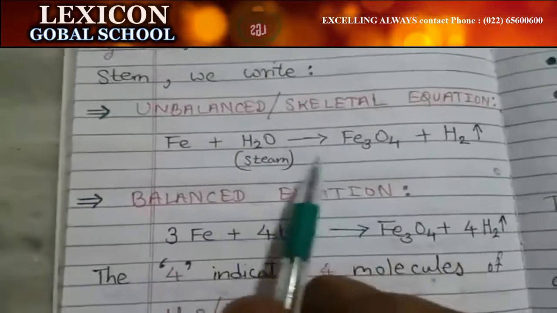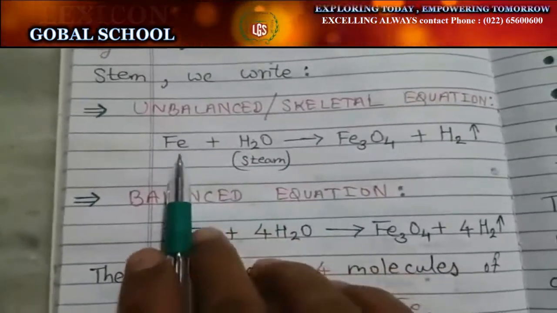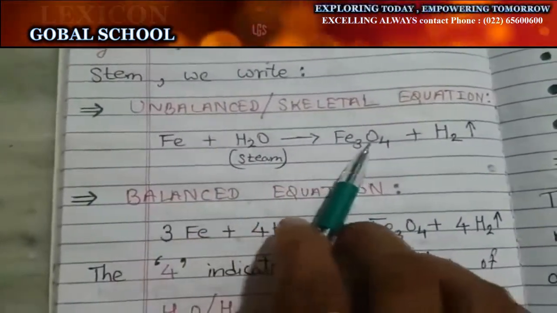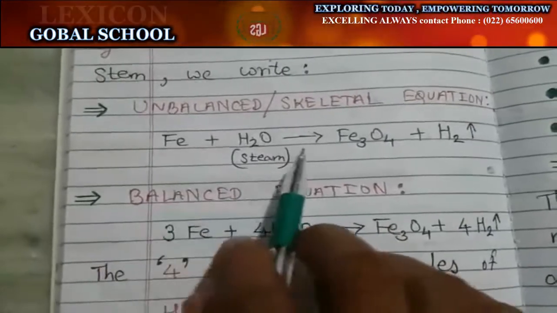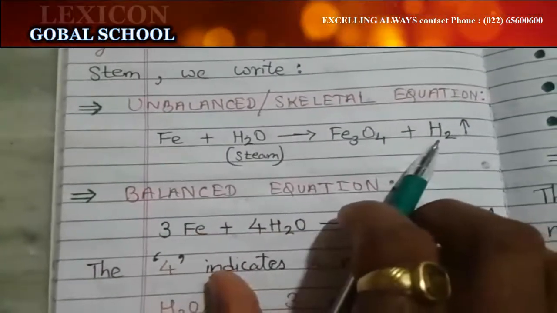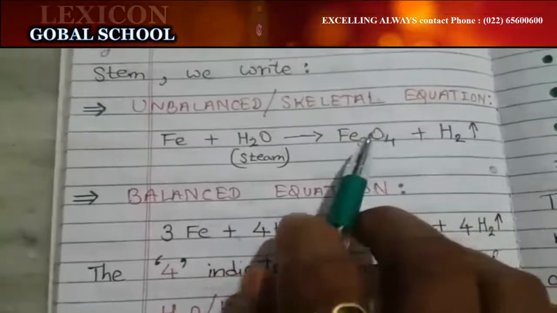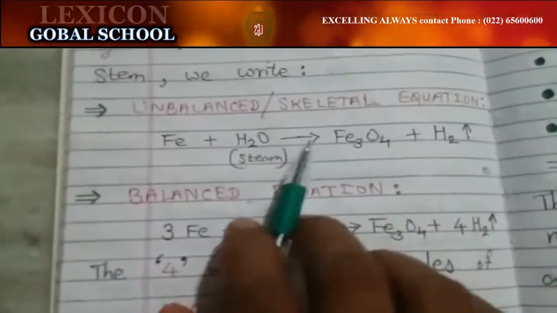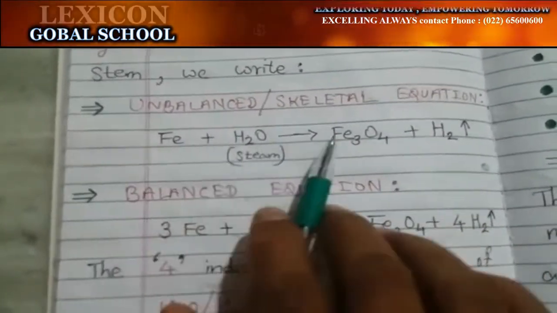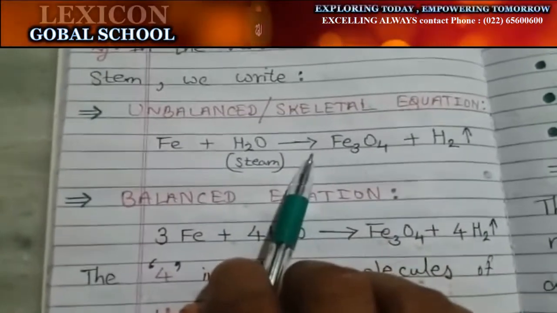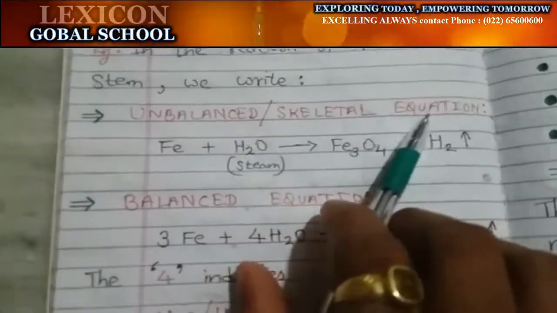So it is unbalanced. On both sides iron should be 3. If here it is 3, here also it should be 3. Hydrogen here is 2, so here also 2. Hydrogen is balanced. What about oxygen? Oxygen is 4 here and only 1 here, which means it is unbalanced. Therefore unbalanced equations are also called skeletal equations.